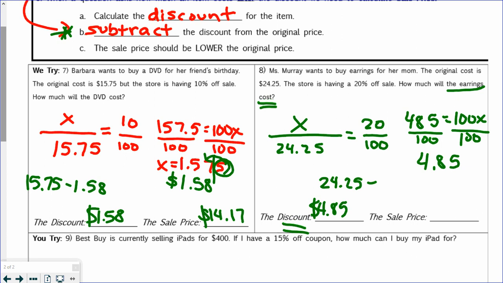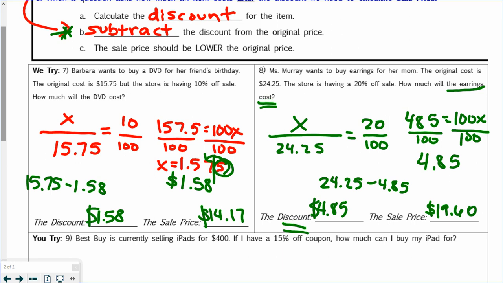Subtract the discount from the original. So go ahead and calculate that. $24.25 minus $4.85. So she should get $19.60.